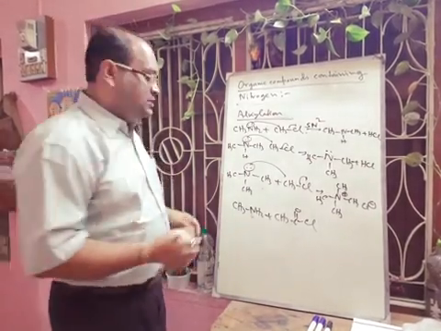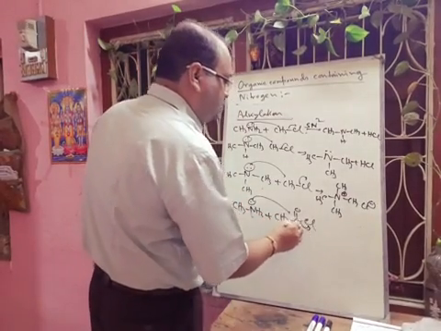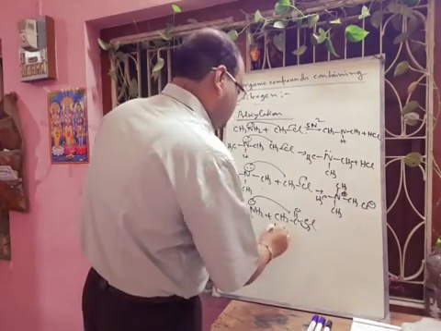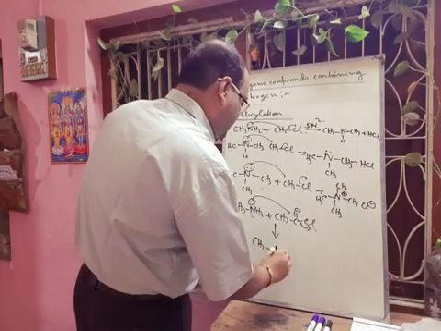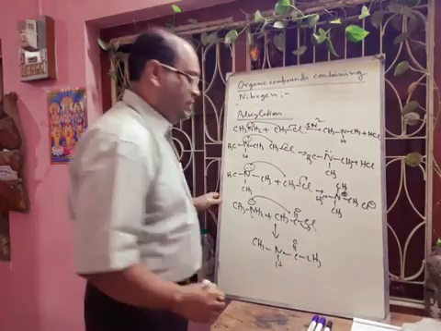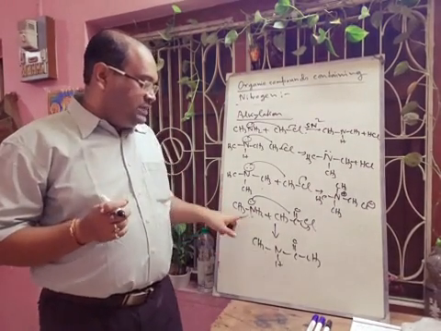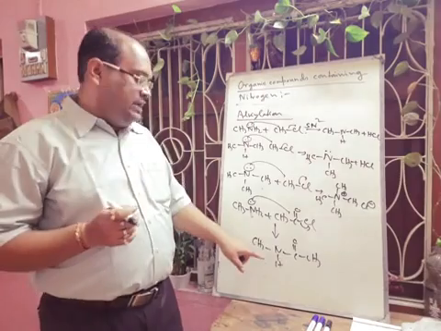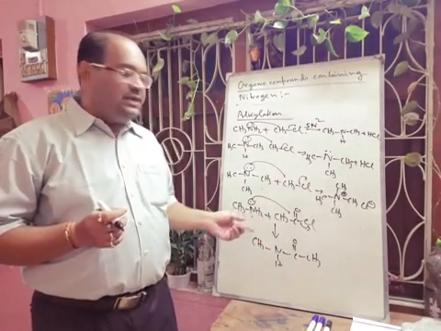Here also this will attack here, and this chlorine will leave, and we will get the CH3CONH compound. So nitrogen of this amine will be acetylated by using this acyl chloride. If we take secondary amine, also there will be acylation.